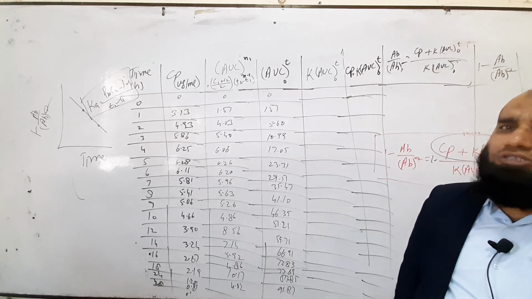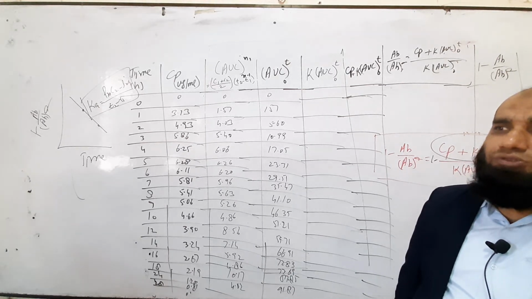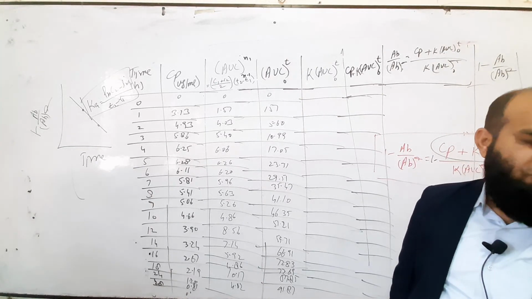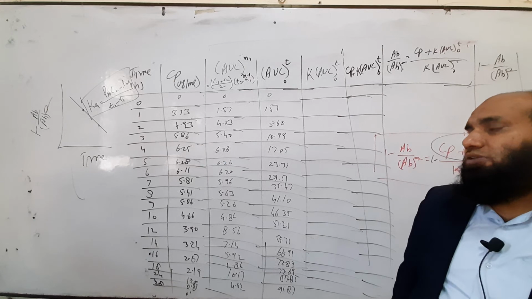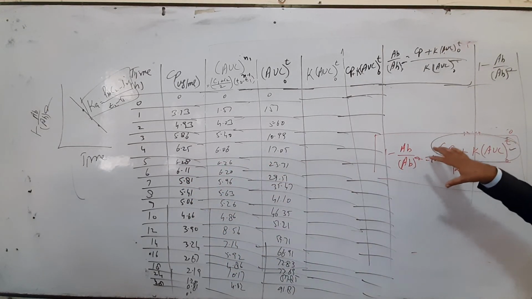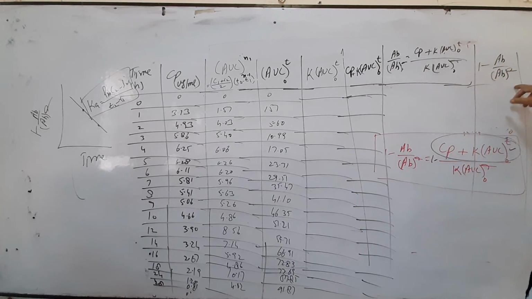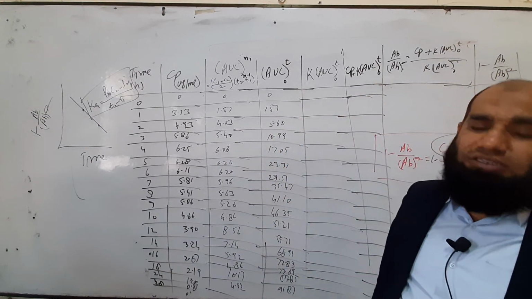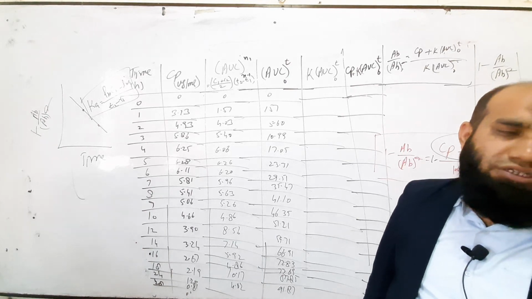It may be similar to the data which I have already shared with you for the feathering technique, but the basic concept is we will expand this data into this table, and at the end we will get 1 minus AB over AB infinity, and we will plot this versus time.